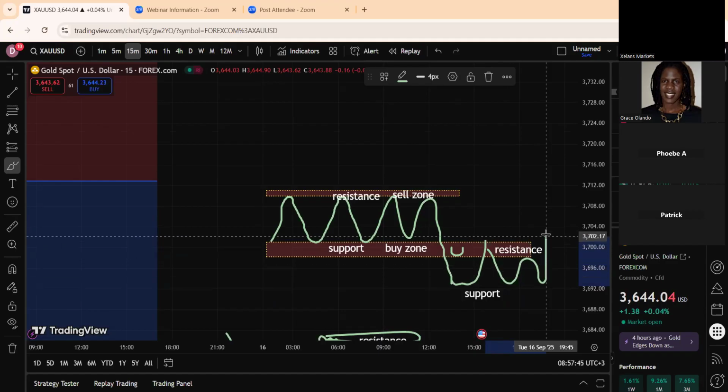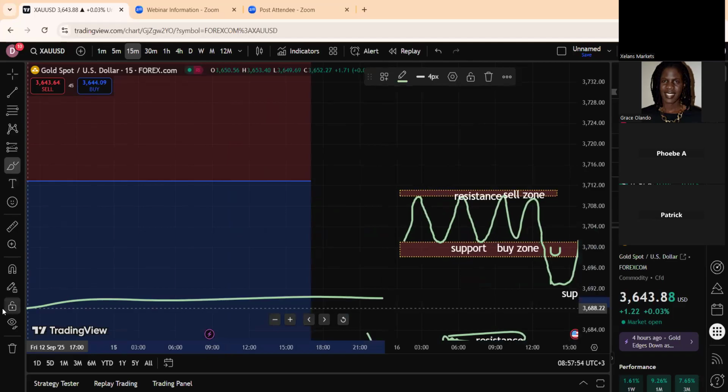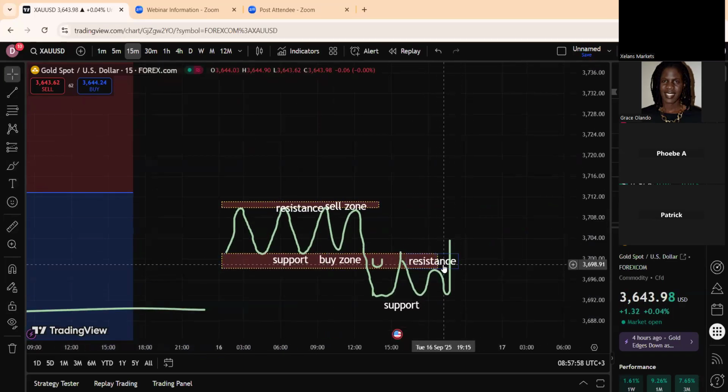Then after breaking the resistance, if this resistance is broken, this resistance now becomes our new what? Our new support.